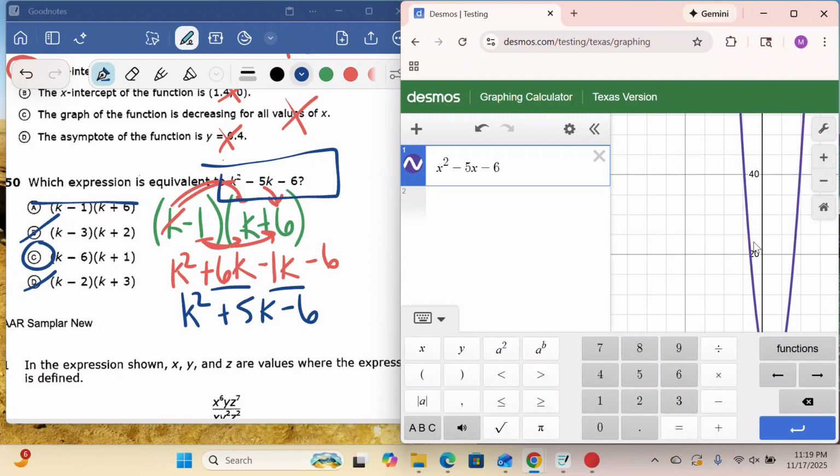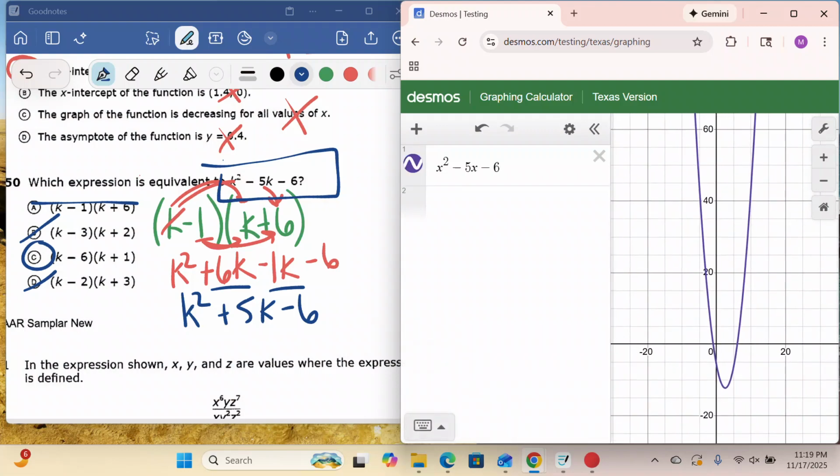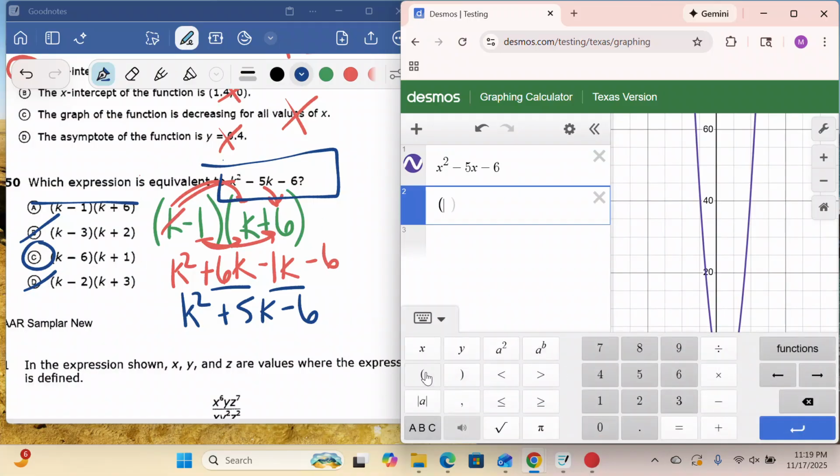So there's my graph. I'm going to look at my graph right there, and then I'm going to input my answer, (x minus 6)(x plus 1). In order for them to be equivalent, they got to match exactly.